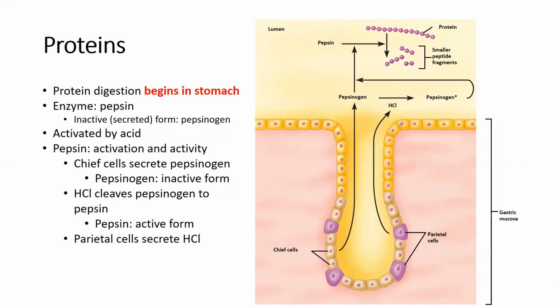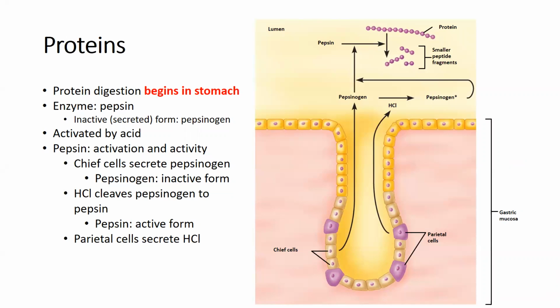It becomes its active form, pepsin, which can then act on the protein, that complex peptide, and break it down into smaller amino acids. Chief cells secrete pepsinogen, which is then activated by hydrochloric acid. In order to activate the pepsinogen, the acid cleaves it. Pepsinogen is a longer protein, and cleaving off a part of it is what activates it, and that happens in the presence of hydrochloric acid.